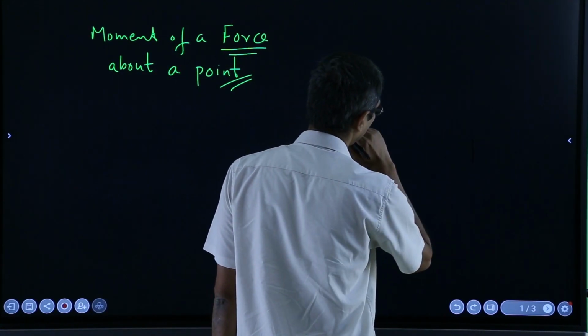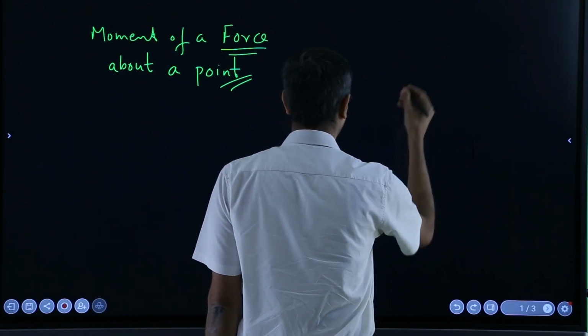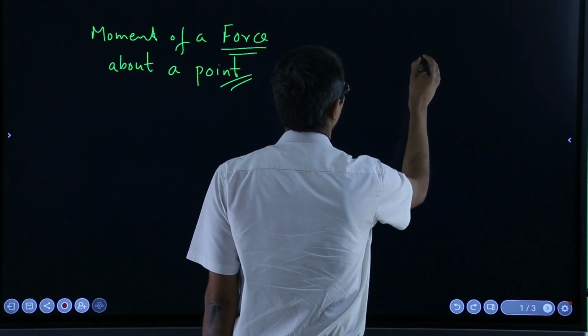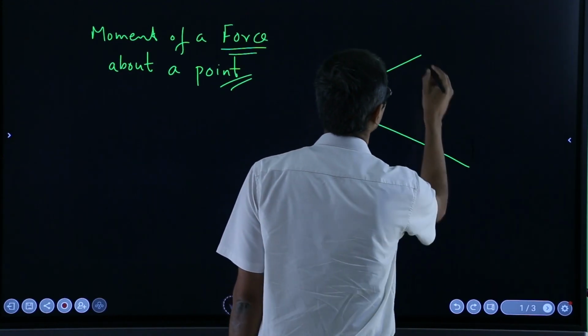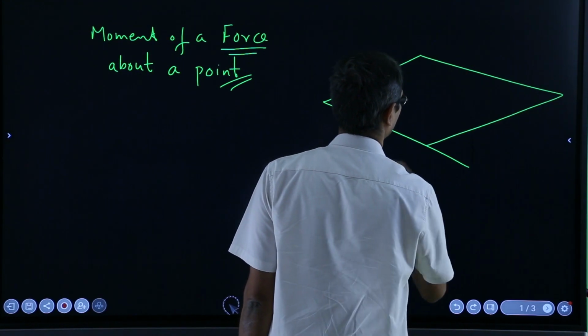Suppose you have a plane like this. Okay.